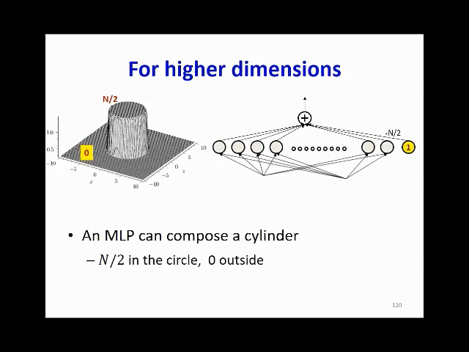It just gets a bit trickier. Now recall that a one hidden layer MLP can compose this cylinder or this hypercylinder in any n-dimensional space, right? In any high dimensional space, and this cylinder has a height n/2 within the cylinder and 0 outside. Or if you normalize it, it has a height 1 here and a 0 outside.